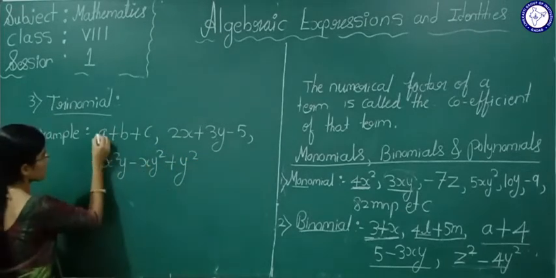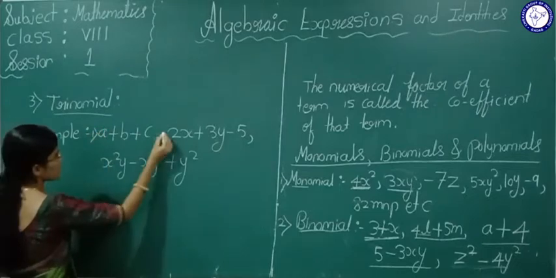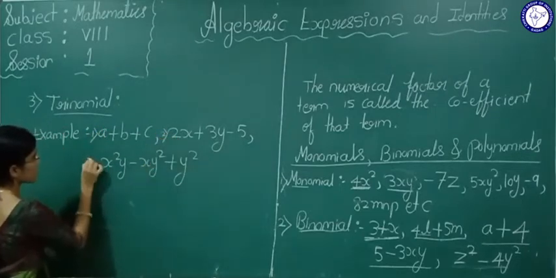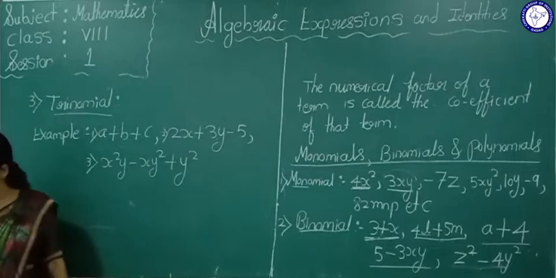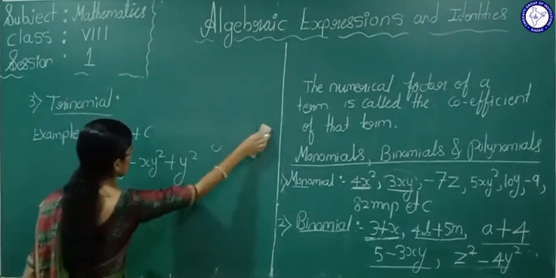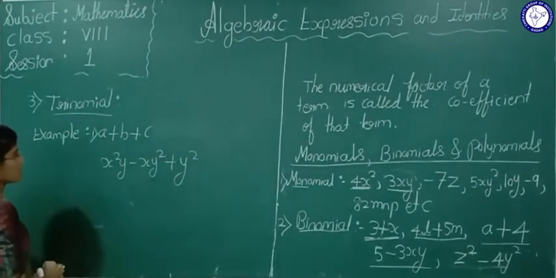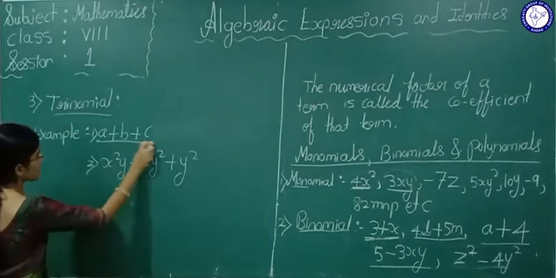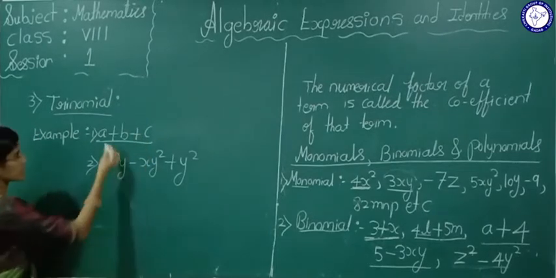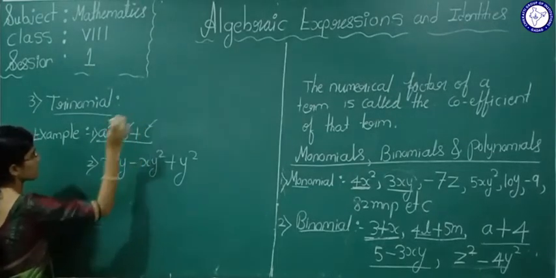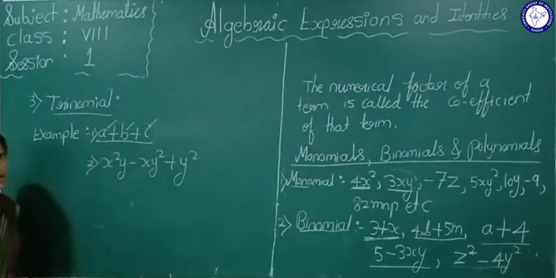Now see here, this is the first example, second example, third example. Otherwise you will get confused, so I will write one by one. Now see here, this is an algebraic expression. How many terms are there? 1, 2, 3. 3 terms are there, so trinomial.